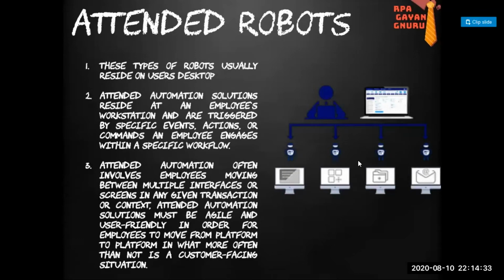So here we are talking about an employee, and more often than not it's a call center or contact center employee using automation to move between three or four windows or programs that he needs to fulfill the customer request. Let's look at that example in a bit more detail in the next slide.